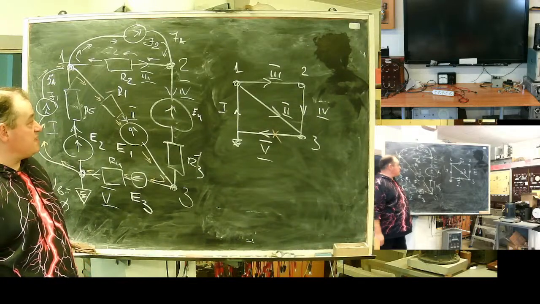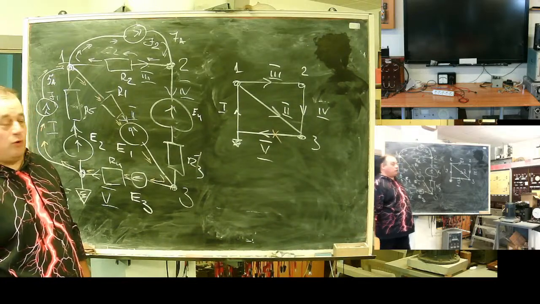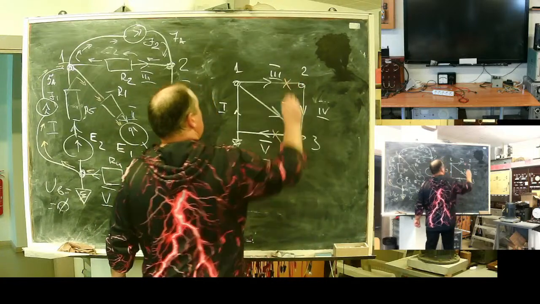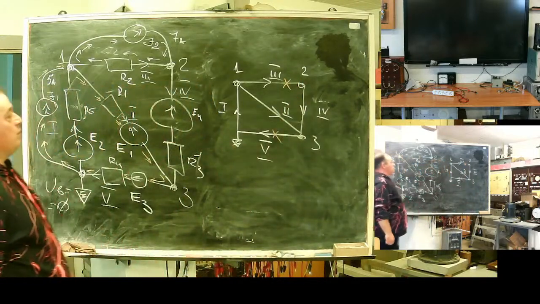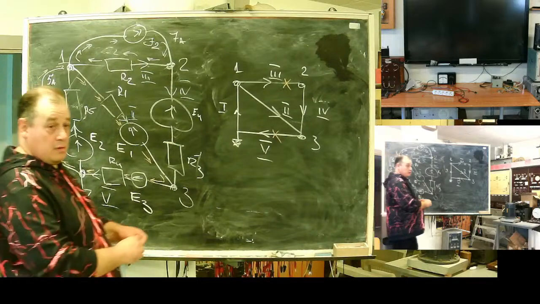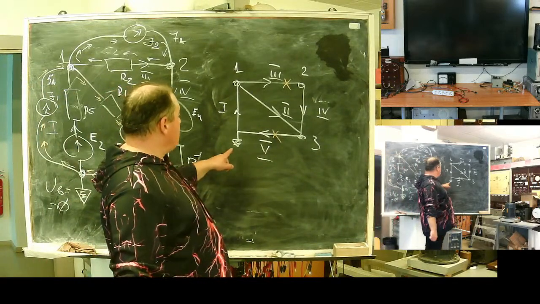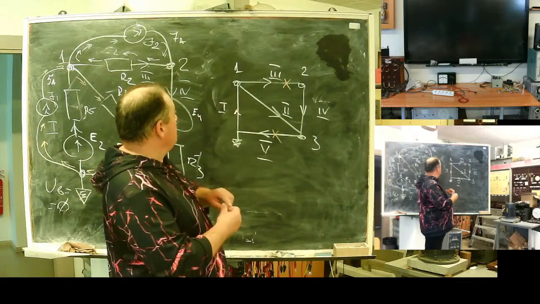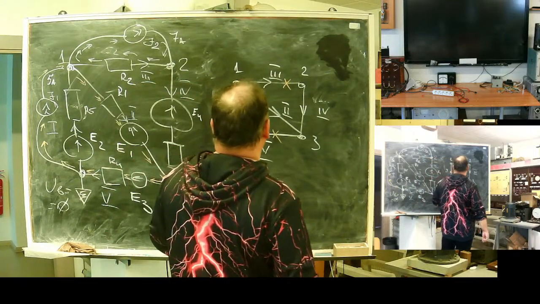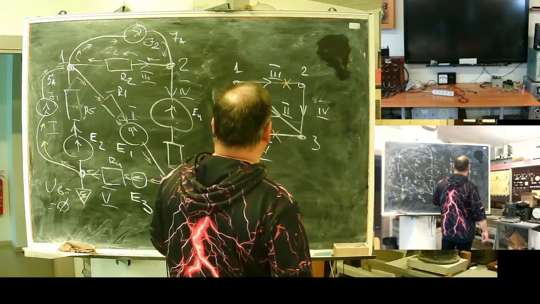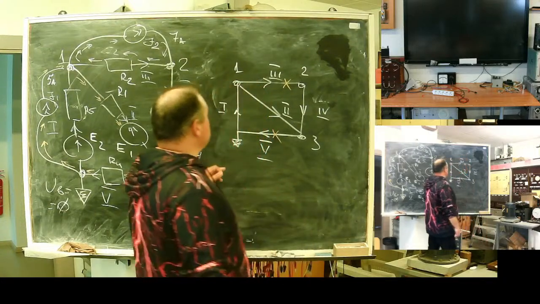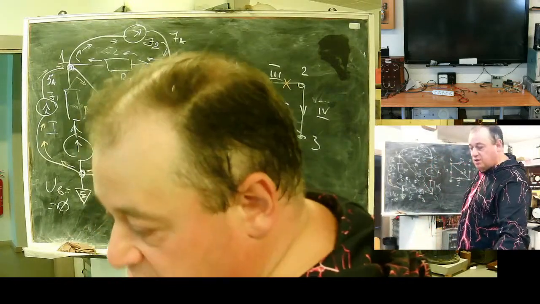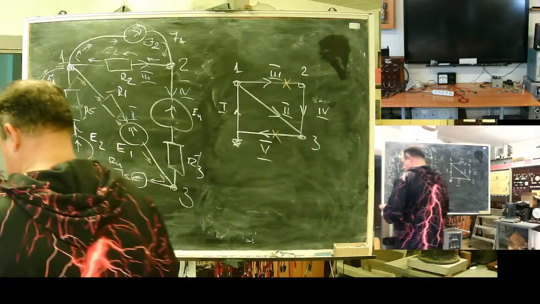You can say that all nodes still have voltage. I can disconnect this one, and the graph is still connected. Can I eliminate more? No, I can't. This is the minimal set of branches to maintain connectivity.